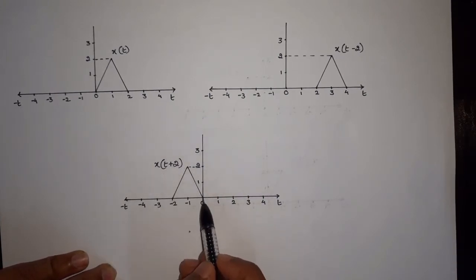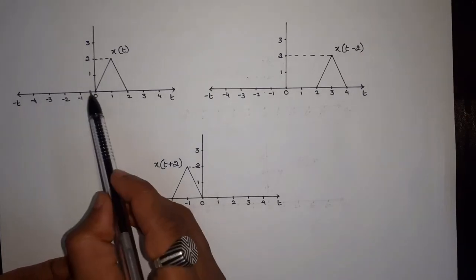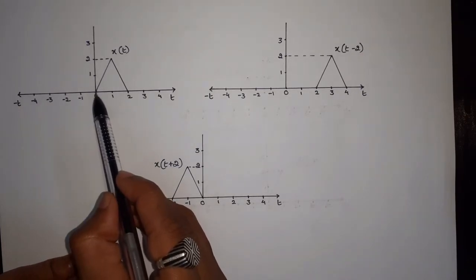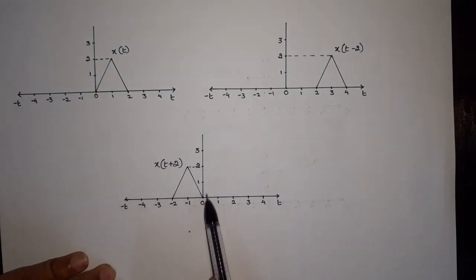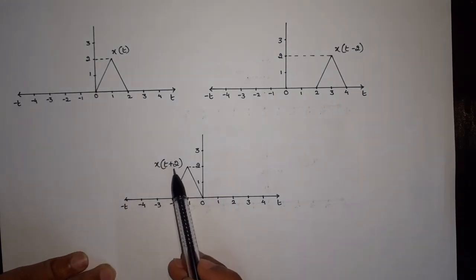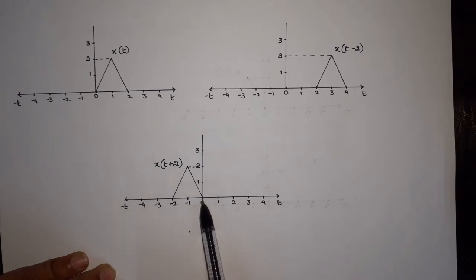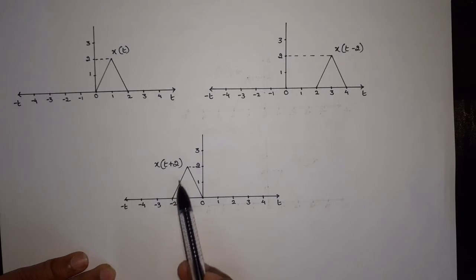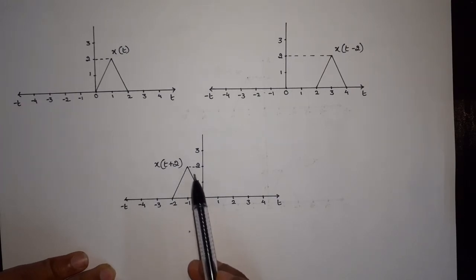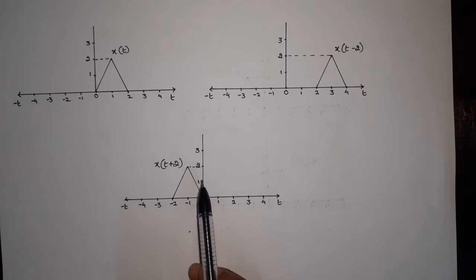So it has to start at 0, but it is advancing, 2 units advanced. Previously it started at 0, now it starts at minus 2 because the signal is advanced by t naught equal to 2. 0, minus 1, 1 unit, minus 2, 2 units. It has been advanced by 2 units. Amplitude remains the same. Hope it is understood.